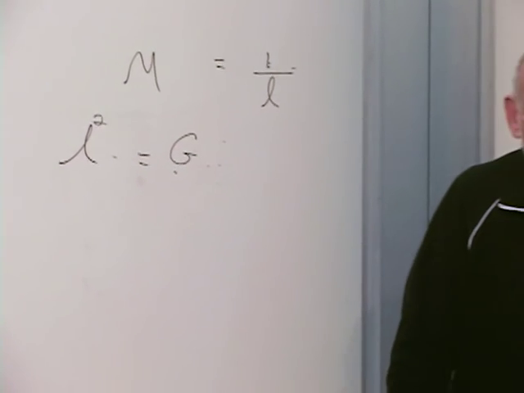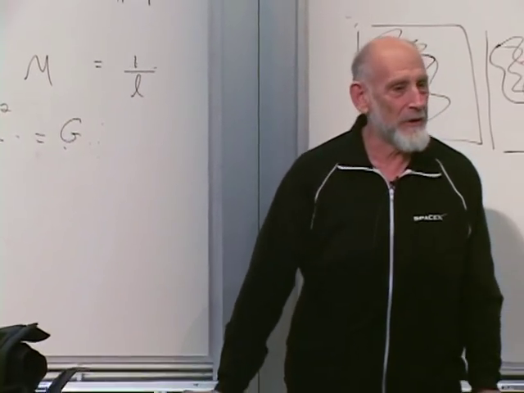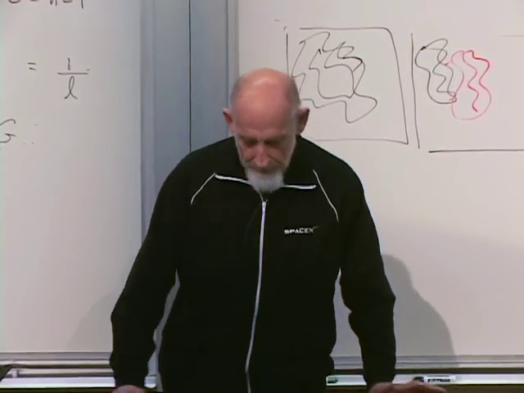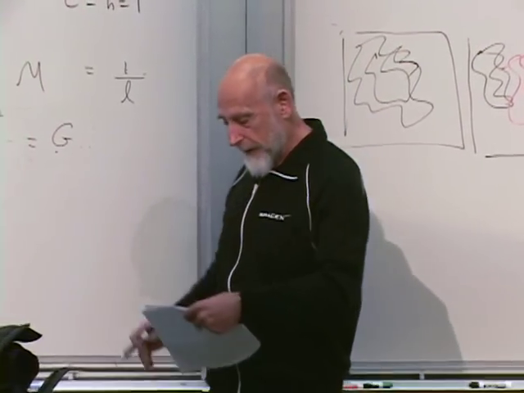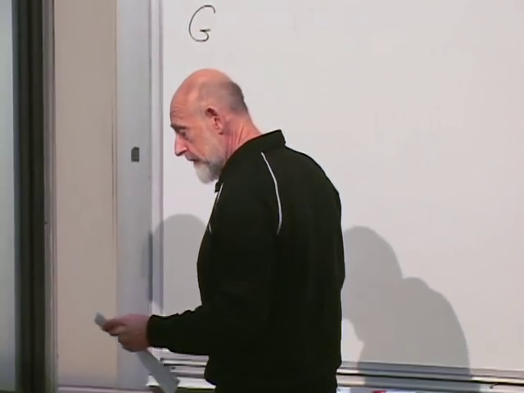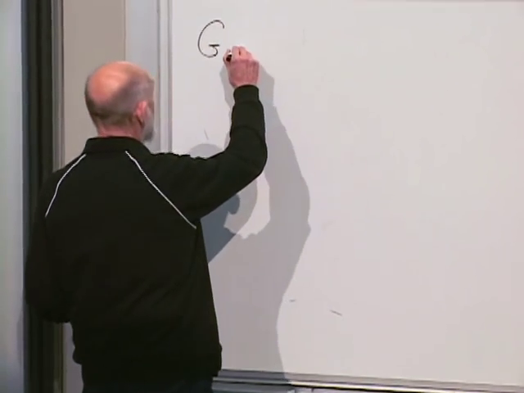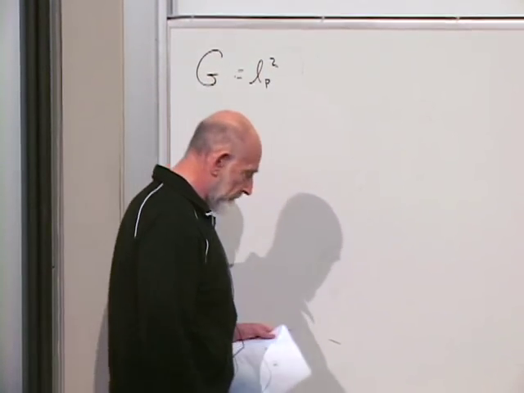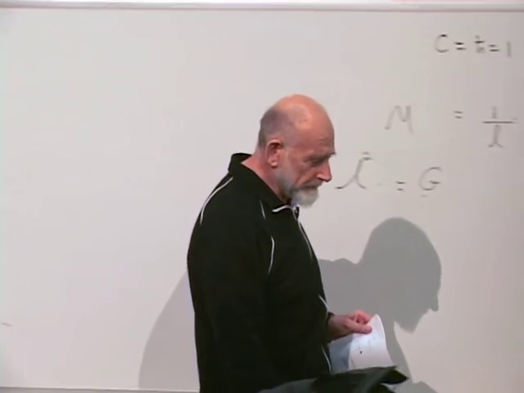What area? There's only one area around that it could be. It's the Planck area. All right, so G is in fact not only an area, it's also the Planck length squared. That's an important equation.